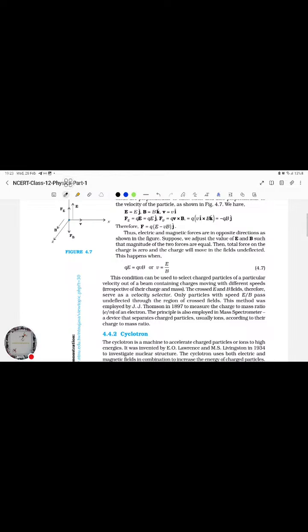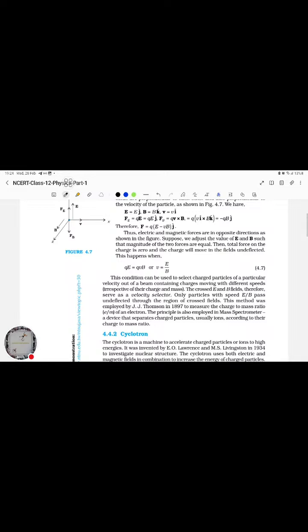Suppose we adjust the values of electric field and magnetic field such that the magnitudes of the two forces are equal. In that particular case, the total force on the charge is 0, and the charge will move in the fields undeflected.